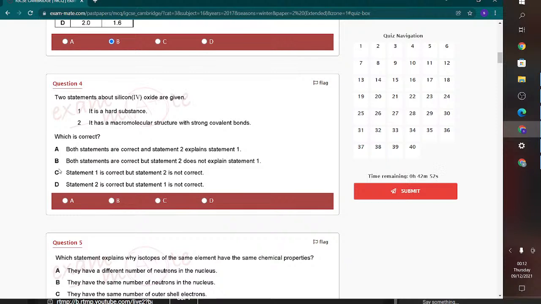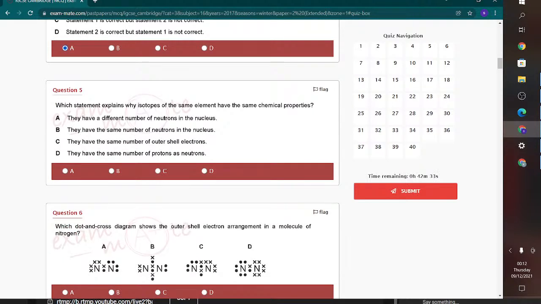Both statements are correct and statement 2 explains statement 1: it has many strong covalent bonds, therefore it is a hard substance. The answer is A.